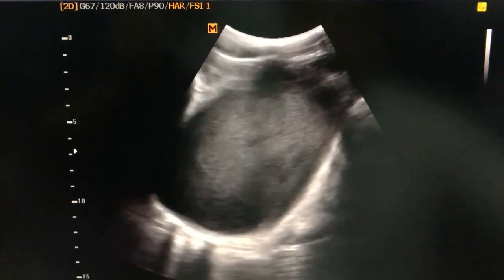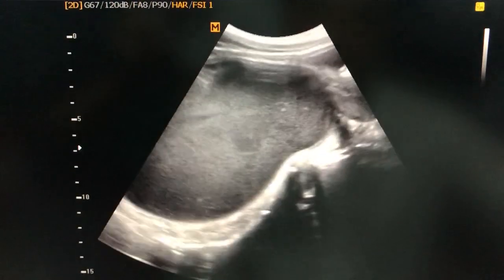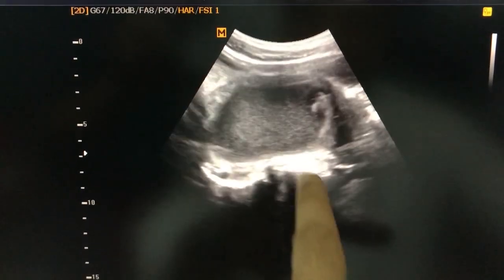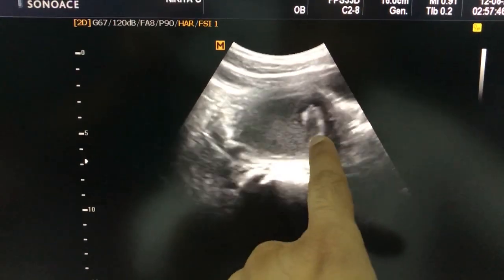We have to look at the other site also, if there are such. Yes, there is one more here.